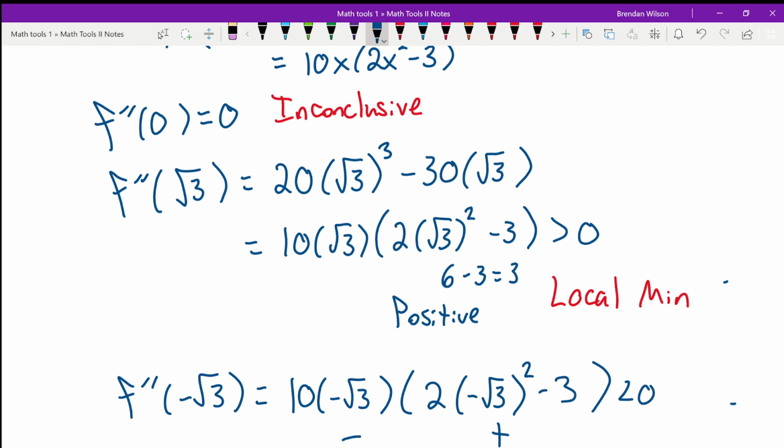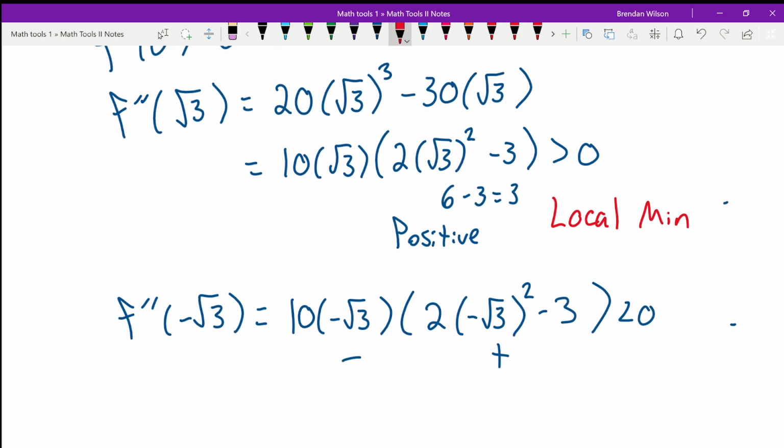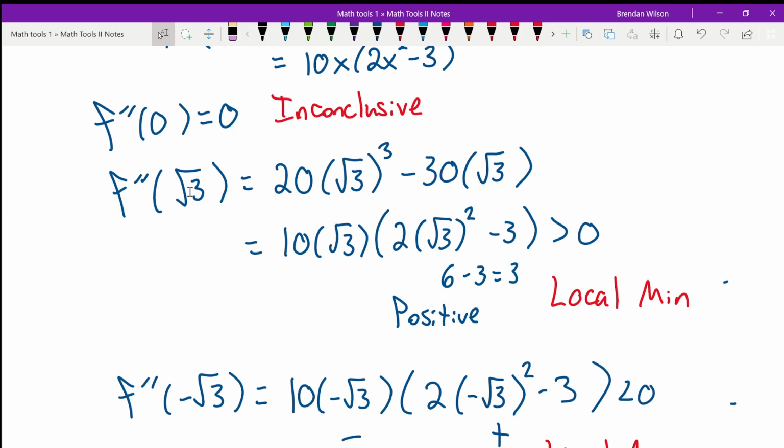So this is actually less than 0. So by the second derivative test, we have a local max here. Okay, so we get a local min at root 3, a local max at negative root 3. And then at 0, it's inconclusive. So at this point, we'll just need to go back to the first derivative test to check if there is a local min or max at 0.